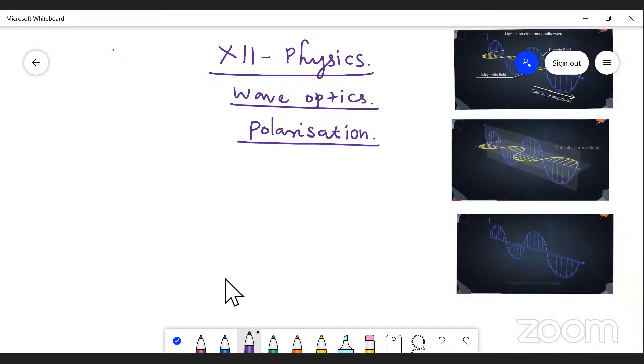In the year 1865, James Clerk Maxwell proposed electromagnetic wave theory.